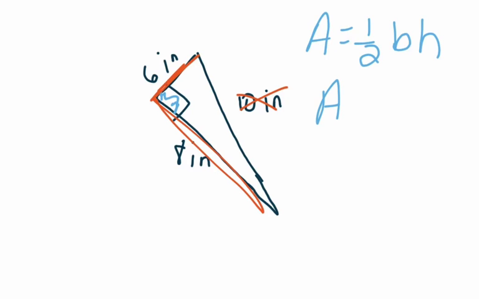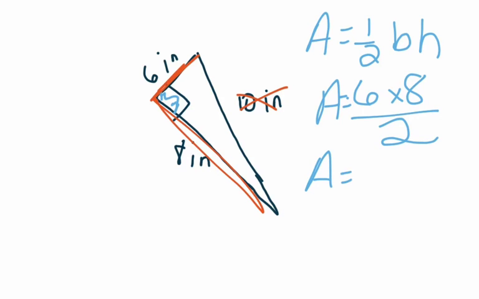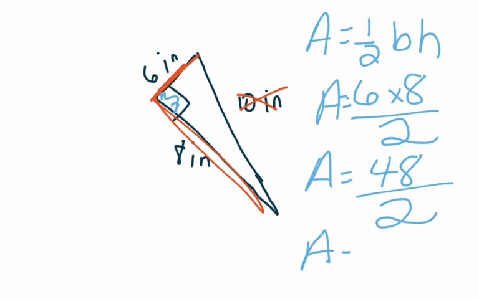So we're going to plug our numbers in, and the base is 6. The height is 8. And we're going to divide that by 2. Area equals 6 times 8 is 48, divided by 2. Area equals 24 inches squared.